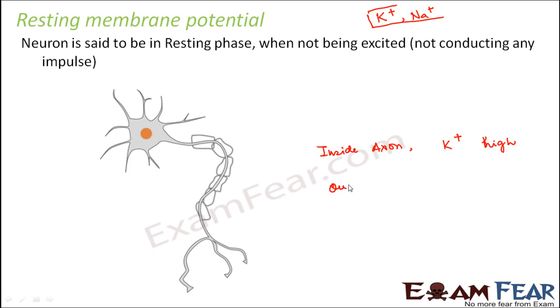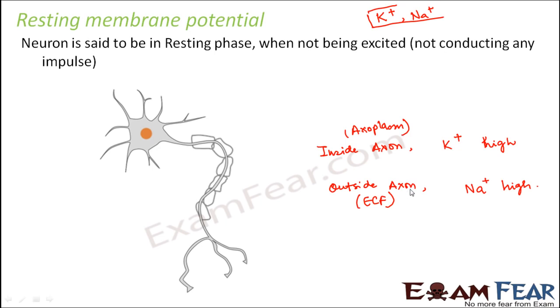Whereas outside the axon, that means in the extracellular fluid, the concentration of sodium ions is quite high. So this is normally how the concentration of sodium and potassium ions is in a resting membrane potential initially.